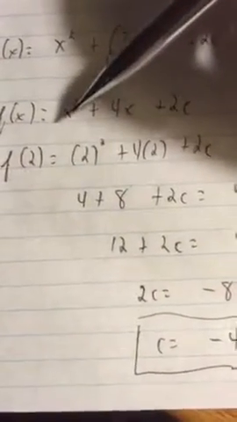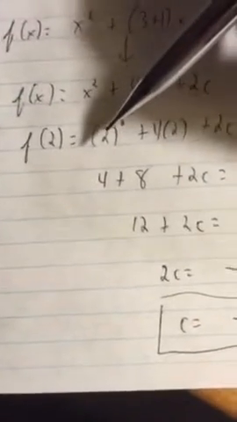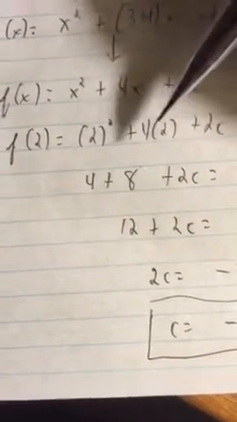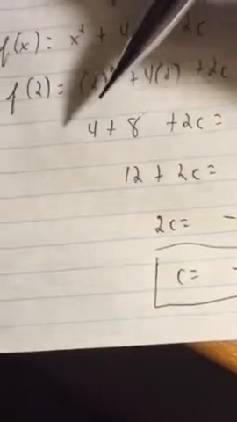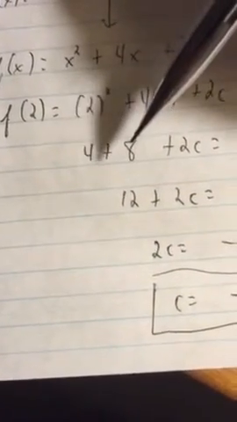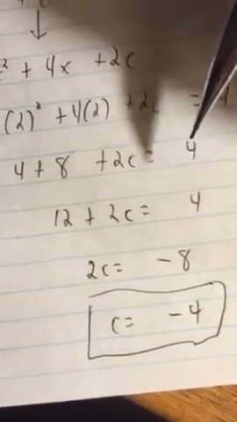So all the x's now become 2's. So it's now 2 squared plus 4 times 2 plus 2c. Or, simplified out, 4 plus 8 plus 2c is equal to 4. And again, we got 4 because y is equal to 4. The function, when you plug in 2, equals 4. Okay?